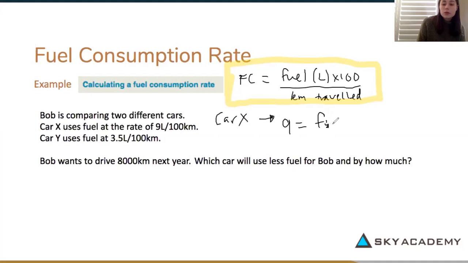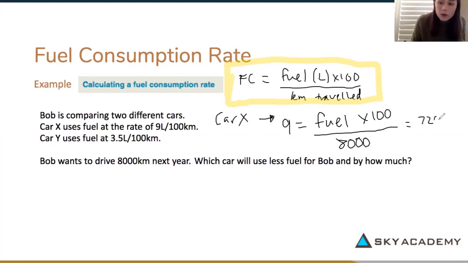So we don't know the fuel, times 100. And our kilometres, he wants to drive 8,000. So to figure out how much fuel we have, I'm going to times by 8,000. And that's going to give me 9 times 8,000 is going to give me 72000.